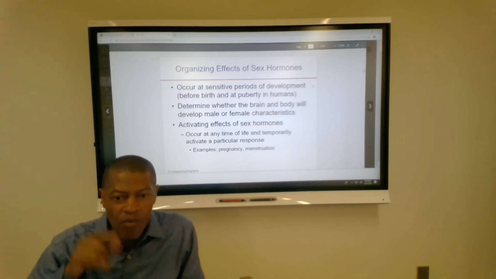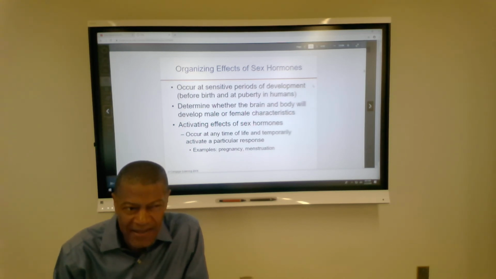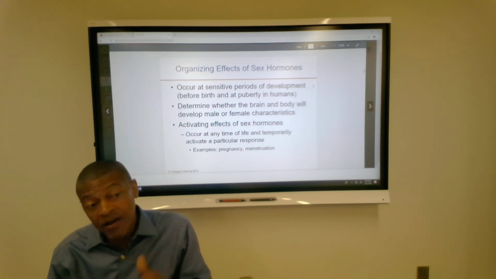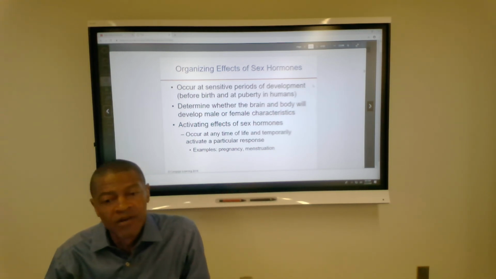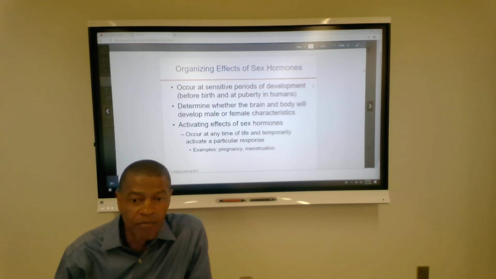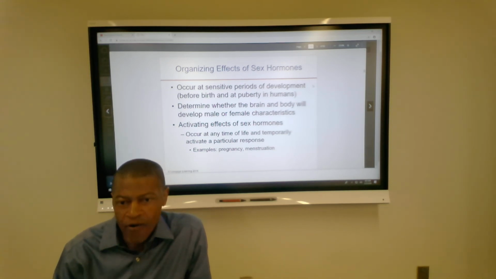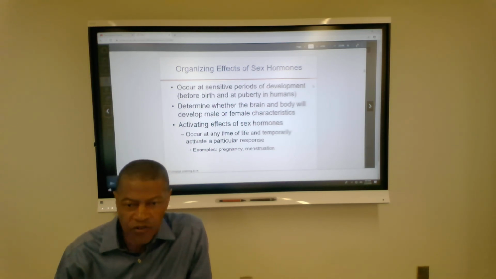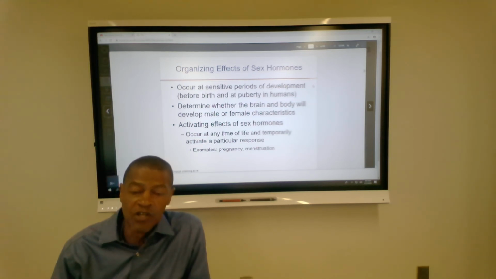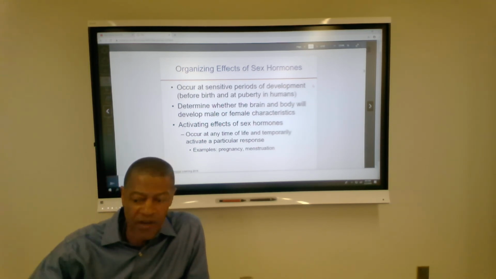So it's in the womb organizing that. Activating effects are pretty much after the womb and can occur in different stages of life. Puberty is an example. As you grow and develop, hair may be forming in different parts of your body. For females, the breasts get larger. The male voice gets deeper. Those are activating effects of hormones.